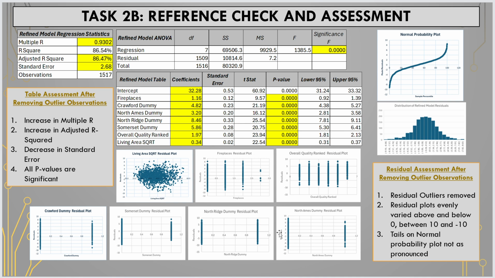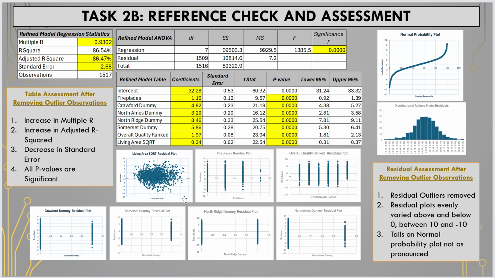Okay. The next thing that we are going to want to do is assess our residual plots. For the residual plot specifically, we're assessing that model assumption of equal variance.